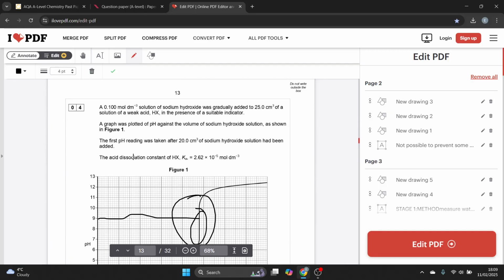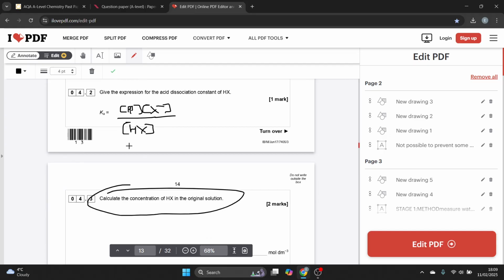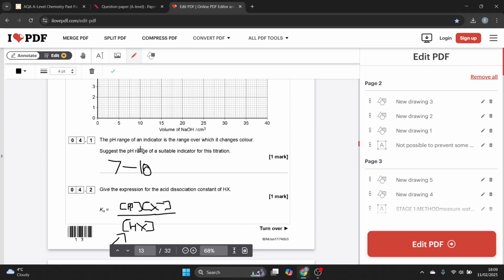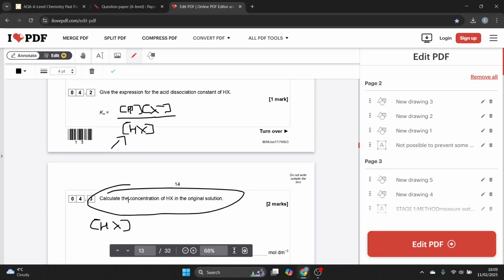So I know Ka is that, and I want to find out the concentration of HX in the original solution. So what I'm going to do first is rearrange it. So I get HX equals H plus X minus divided by Ka.